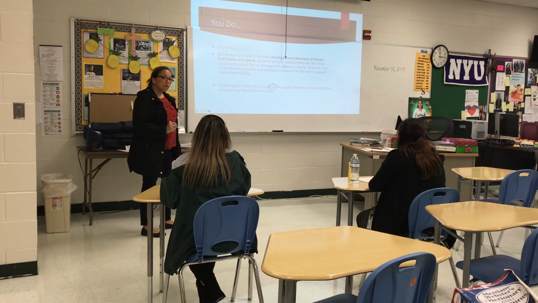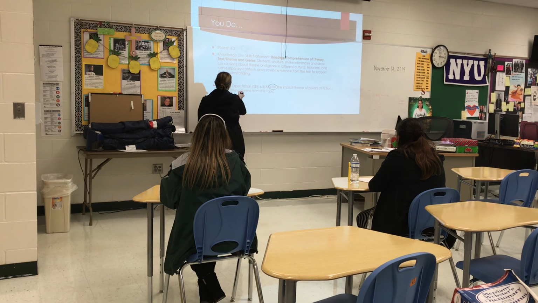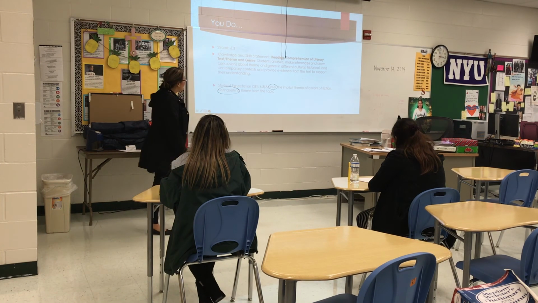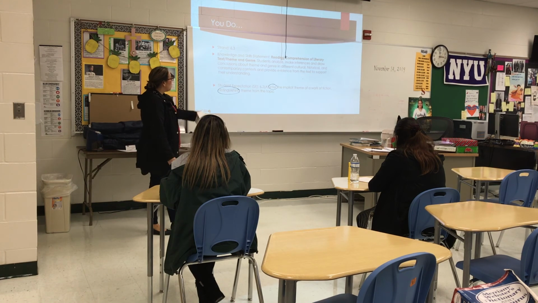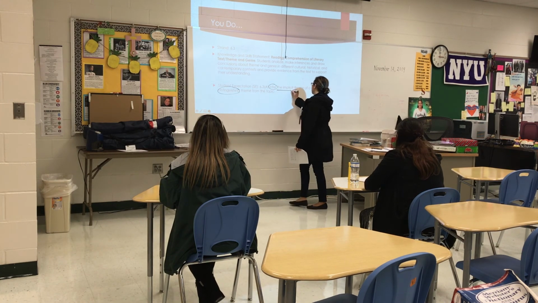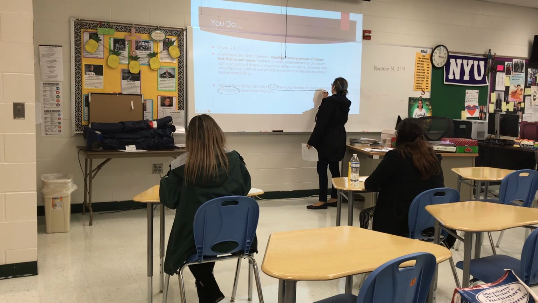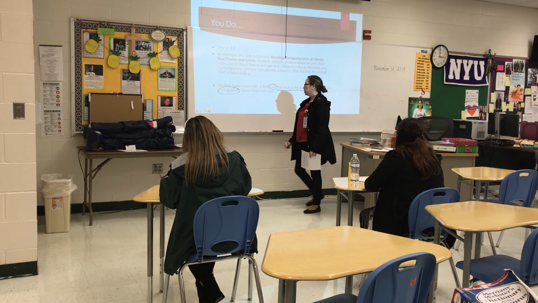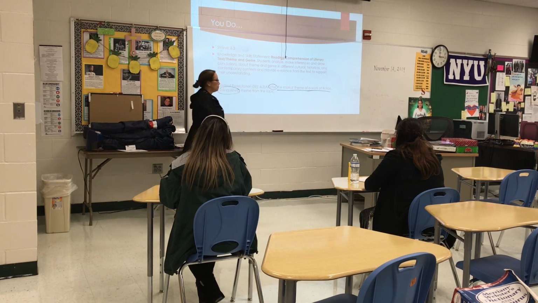Amanda, do you see another verb in there? Distinguishing. Yes, distinguishing. All right, so we have 2 verbs in there. Now, the noun phrase for infer, Alyssa, what would you say that is? The implicit theme of a work of fiction. Exactly. Amanda, for distinguishing?